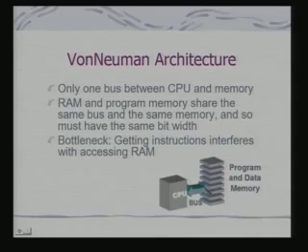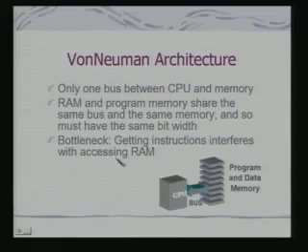In fact, there is no difference between the data and instruction in von Neumann architecture. Both program and data memory are connected to the CPU by the same address and data bus. So, what happens as a consequence?